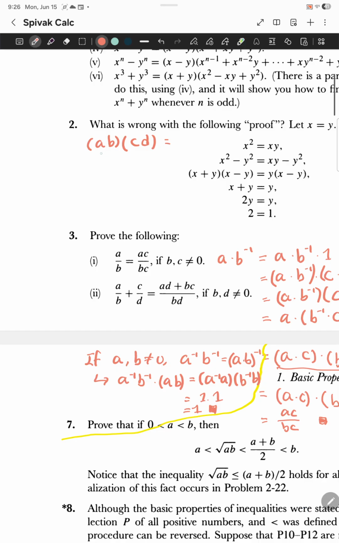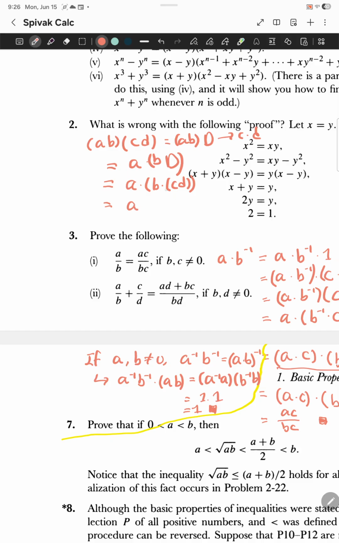So we have a times b times c times d, right? This is also equal to a times b times d', where d' is equal to c times d. That means we can move this to say it's equal to a times b times d', right? Then what is this equal to? Then what is this equal to?